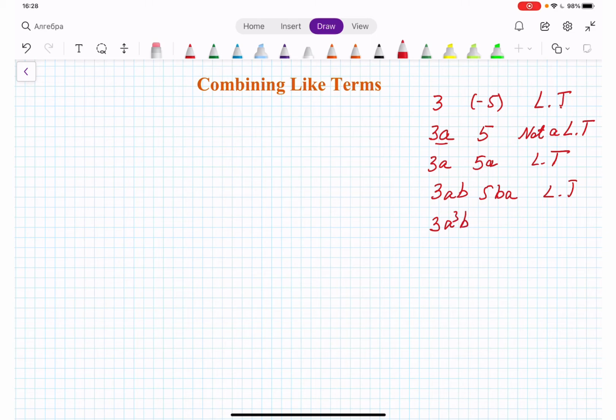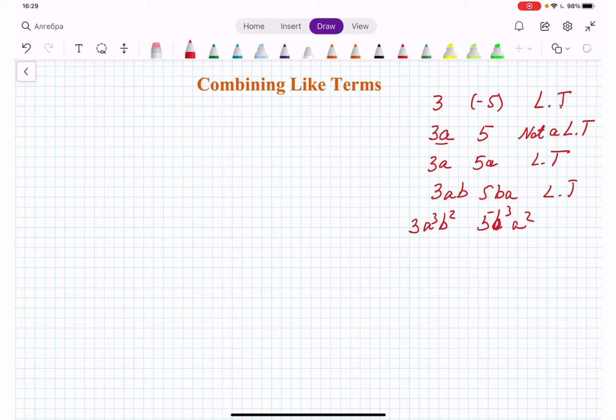3a cubed b squared and 5, let me see, b cubed a squared. These terms are not like. Why? Because we have a cubed, but here is a squared.